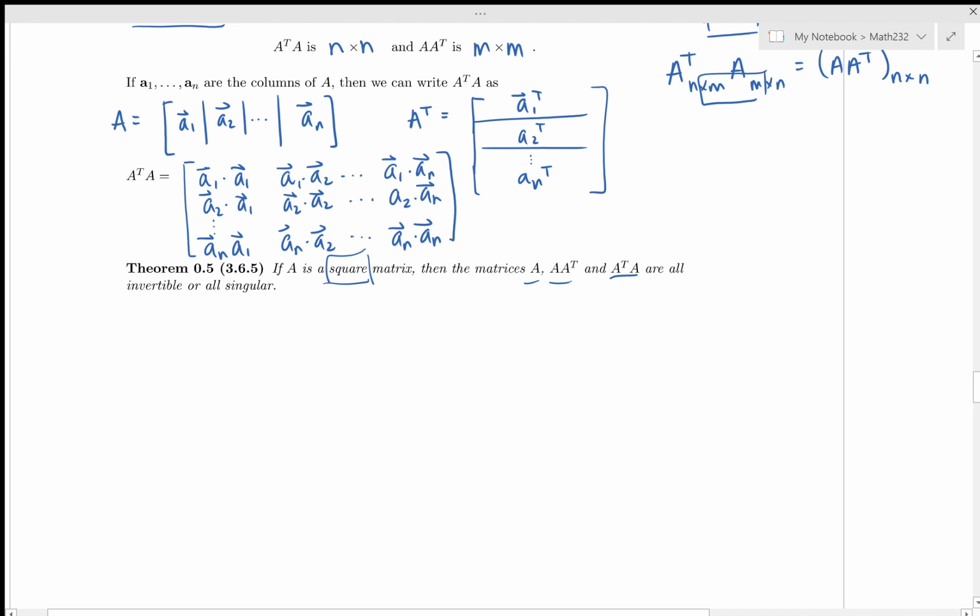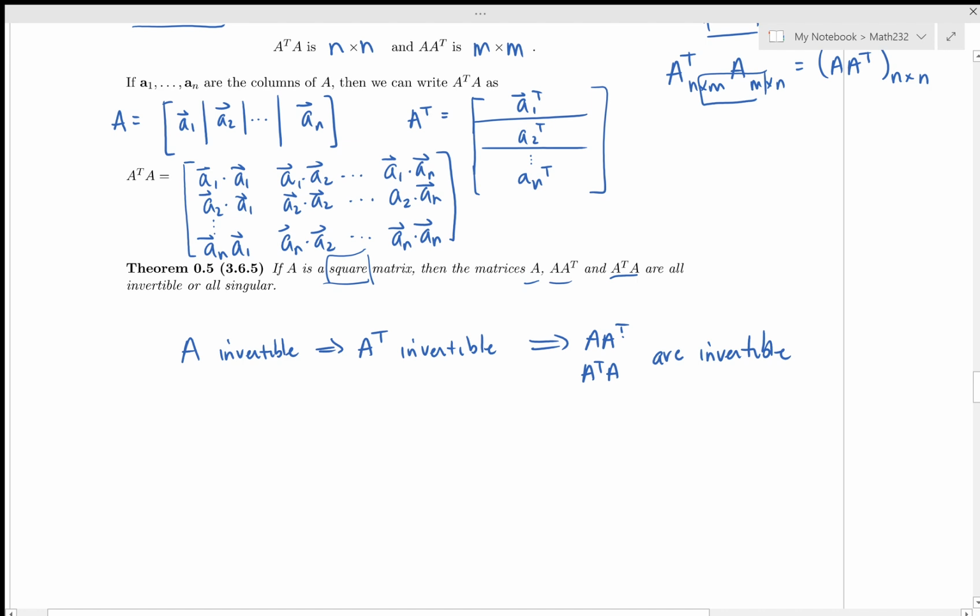So we've already seen this. If A is invertible, that implies that A transpose is invertible. And then if we take a product of two invertible matrices, we get something that is invertible. So that implies A transpose A is invertible.